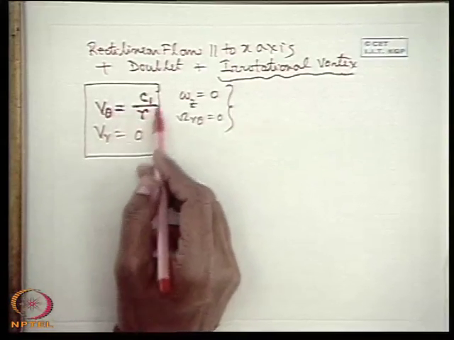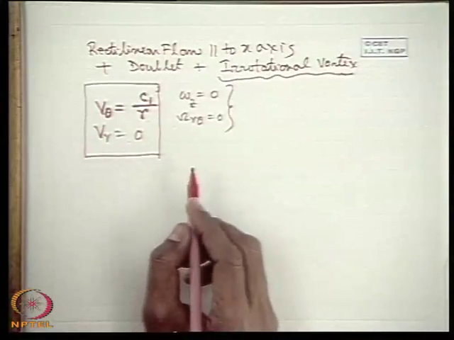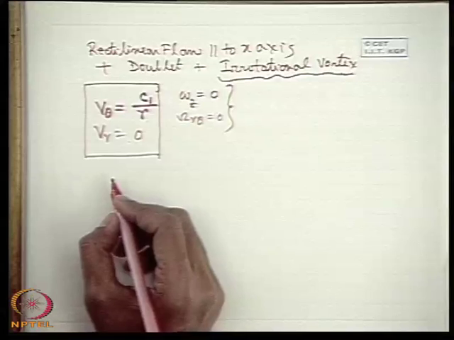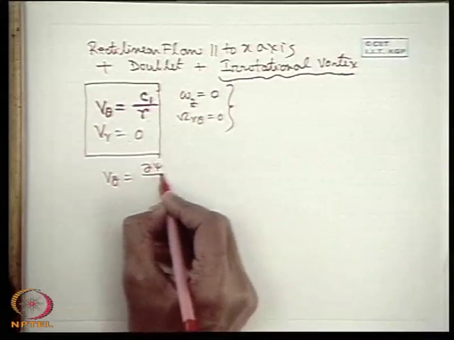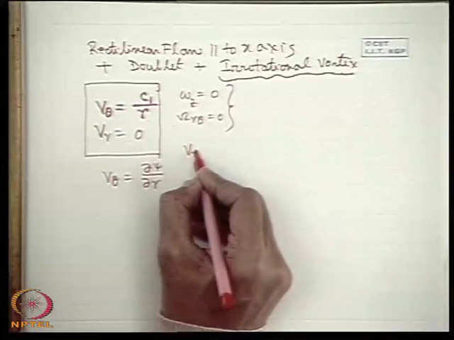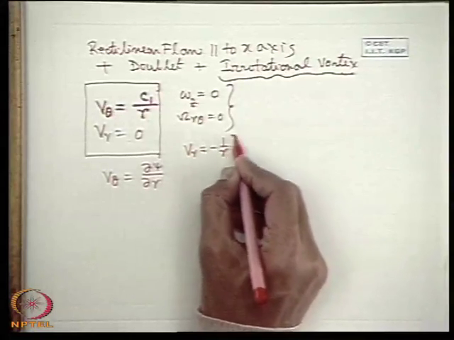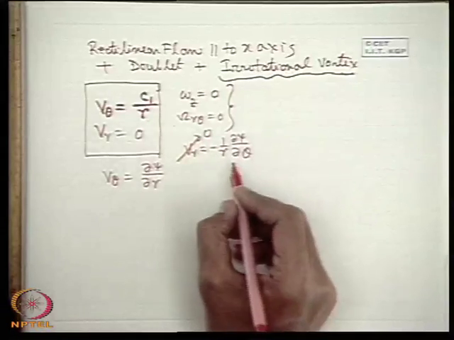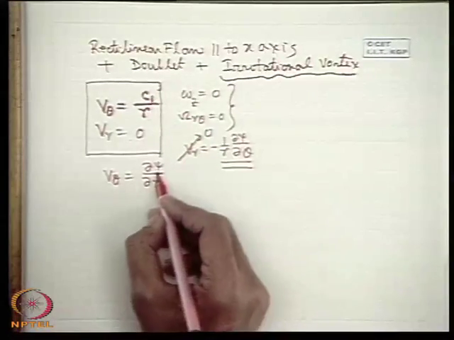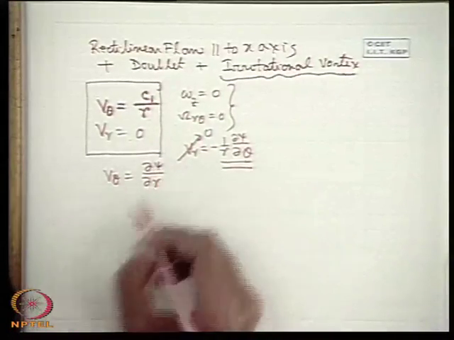So for the irrotational vortex flow, if you want to derive the stream function, how can you derive it? You can write v theta is del psi del r and Vr is minus 1 by r del psi del theta. Since Vr is 0 by the definition of any vortex flow, psi is a function of r only.